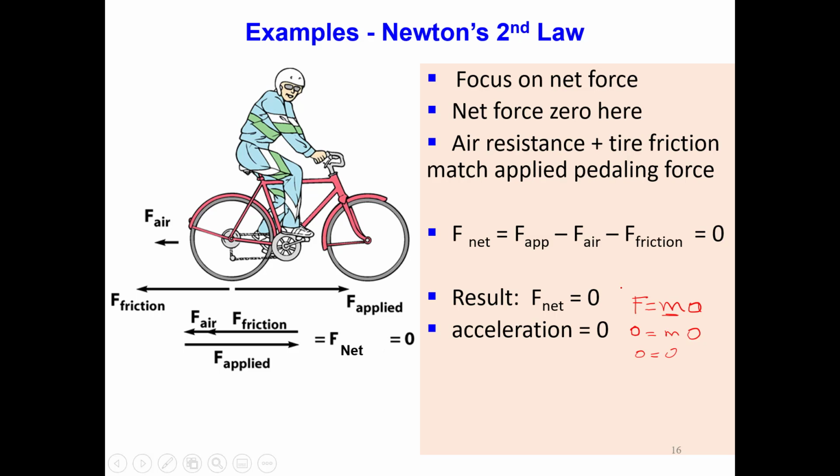Then the reason is, the only way the bicycle moves is if it is moving at constant velocity. Remember, the only way that some object is moving and the acceleration is 0 is if the velocity is constant, if there is no change in velocity.